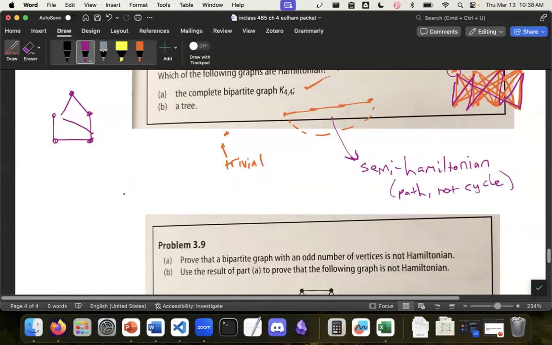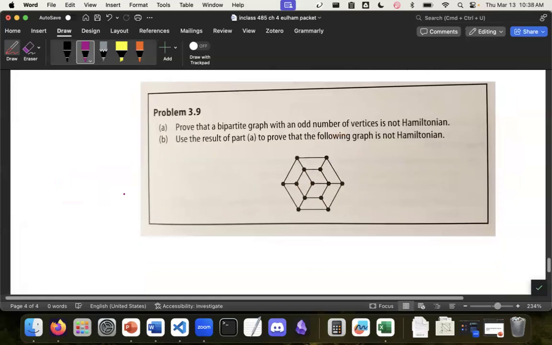Okay, so we did problem 8. Problem 9. Maybe we split into smaller groups to work with your neighbor on problem 9. So maybe you two, then row by row.